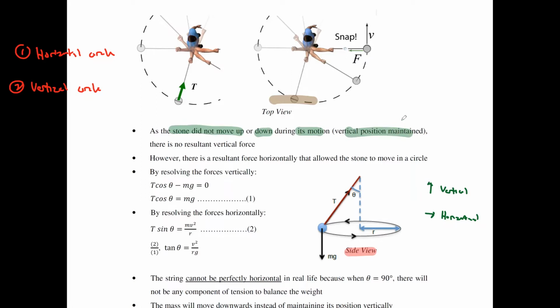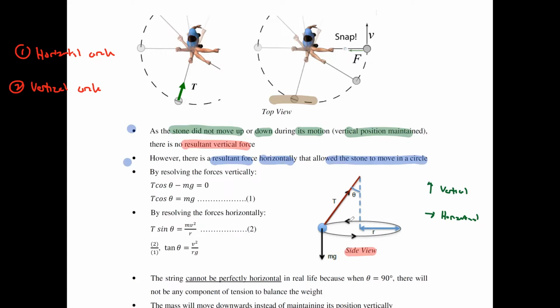Since it didn't move up or down, there's actually no resultant vertical force. But if I consider the forces horizontally, you will find that there's a resultant force that allows the stone to move in a circle, okay?